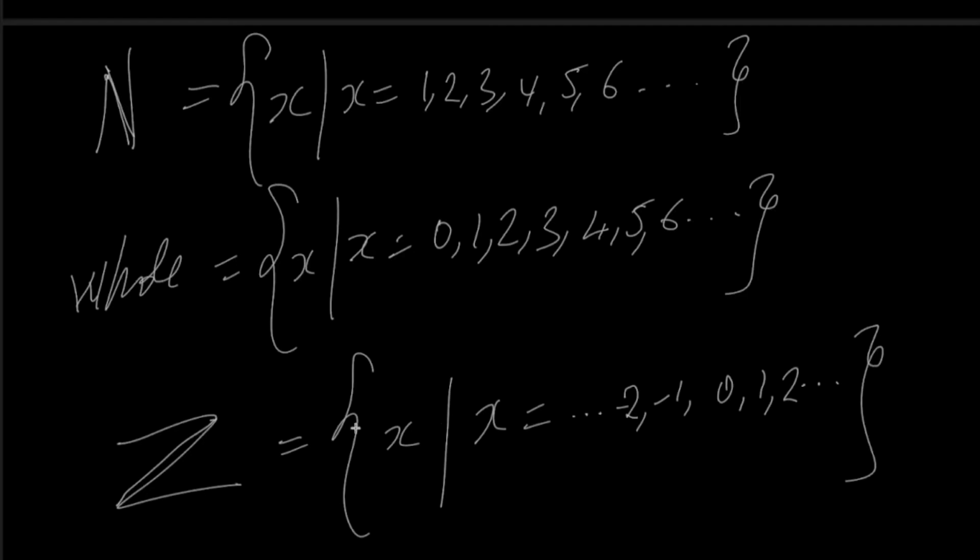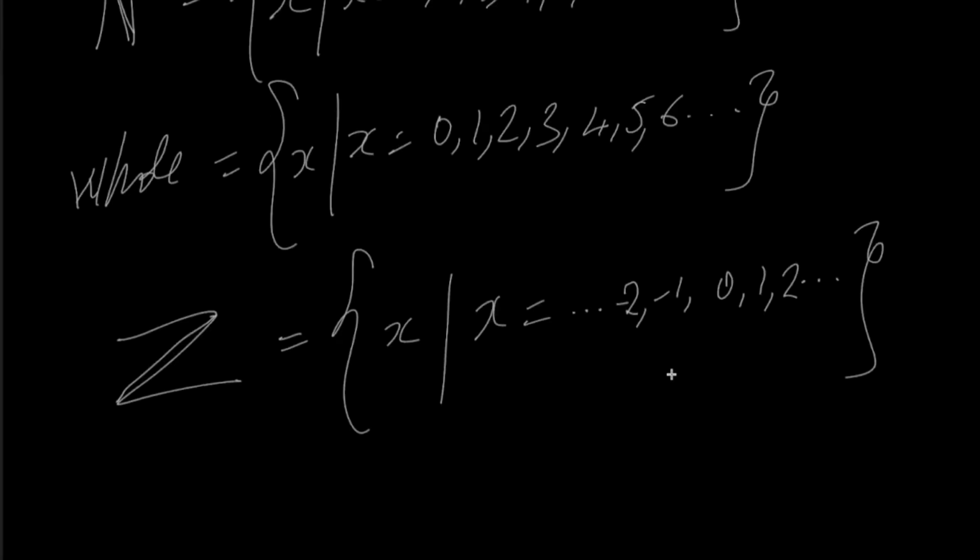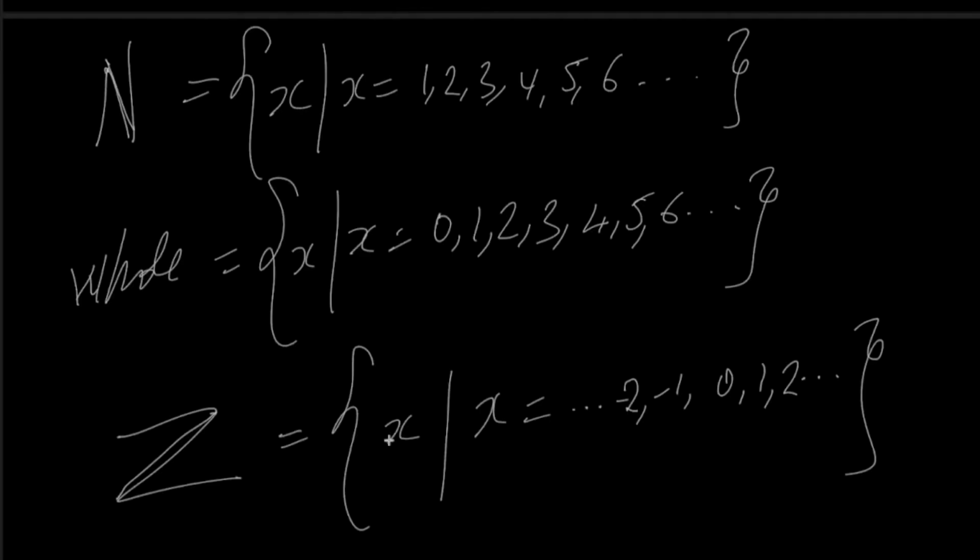These are called what? The integers. Okay? So all these ones we refer to as what? Rational numbers. Everything here, that is the natural, the whole number, and the integer, are referred to as the rational numbers. Because these are rational, okay?